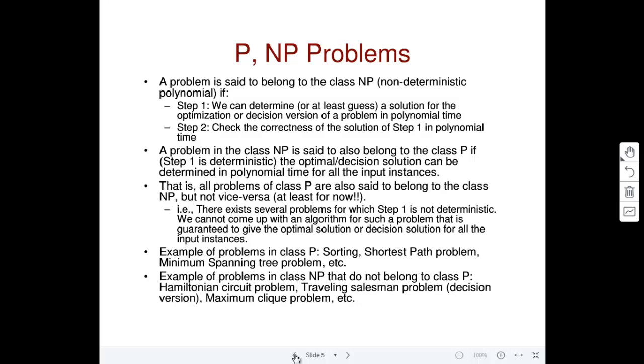Similarly, Kruskal's algorithm is deterministic because given any graph with edge weights, it's guaranteed to find you the minimum spanning tree, because we went through the proof of correctness. Remember, for any graph, it's guaranteed to find the minimum spanning tree. Similarly, the breadth first search algorithm is deterministic because given any graph, it is going to be able to decide whether the graph is bipartite or not.